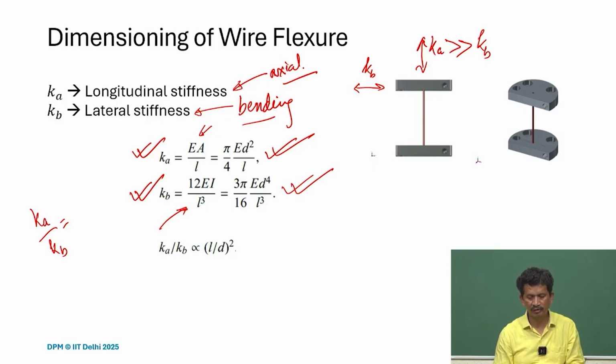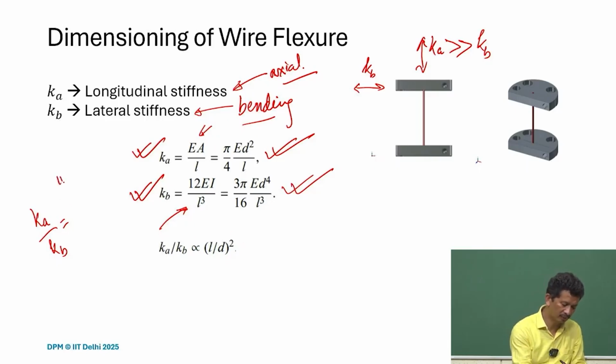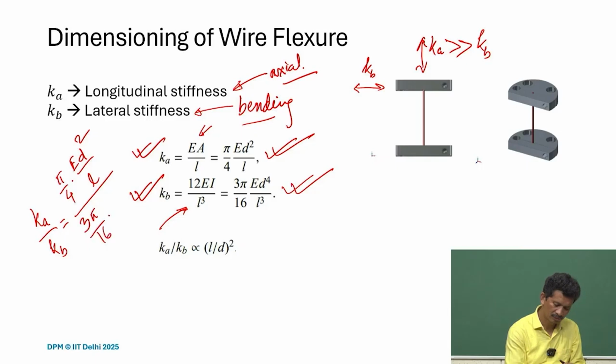So these are the relationships, and if we do that, what we realize is that there are some constant numbers, but ultimately we can do that π by 4 d square by L, and here E d to the power 4 by L cube.